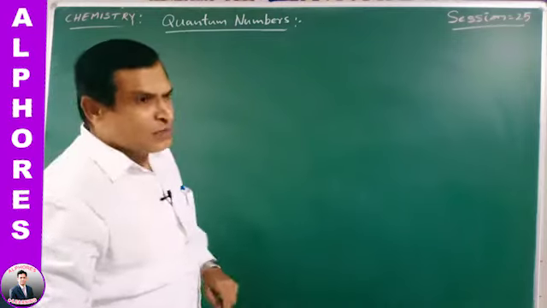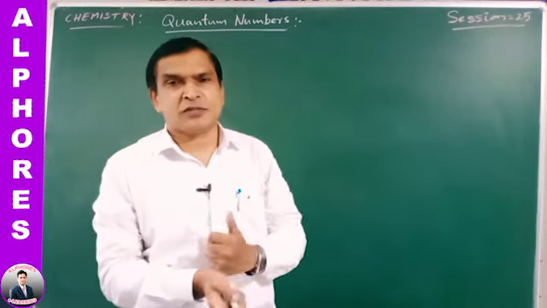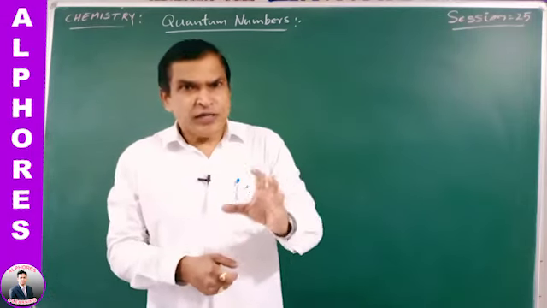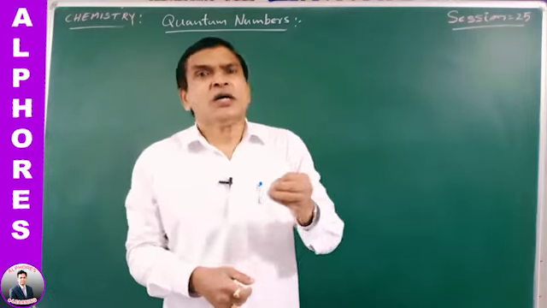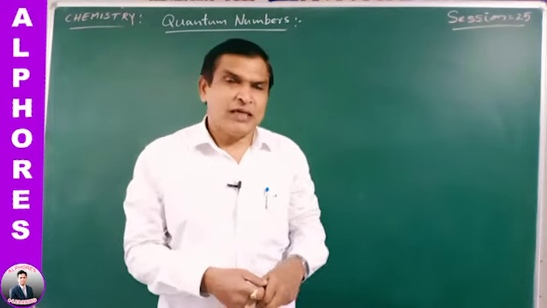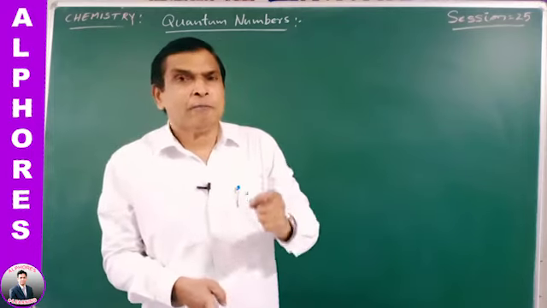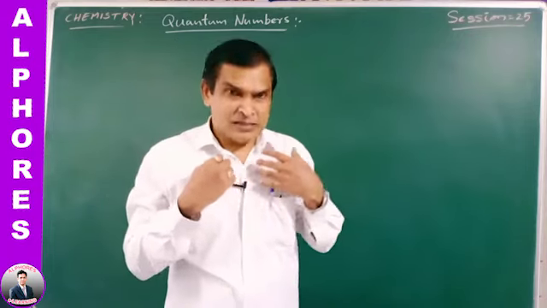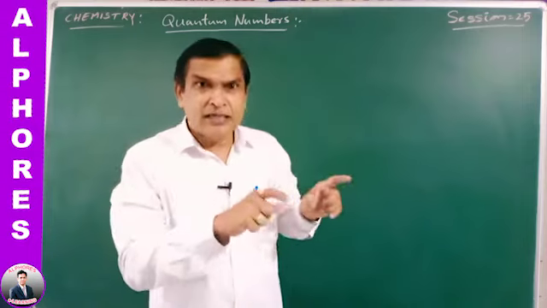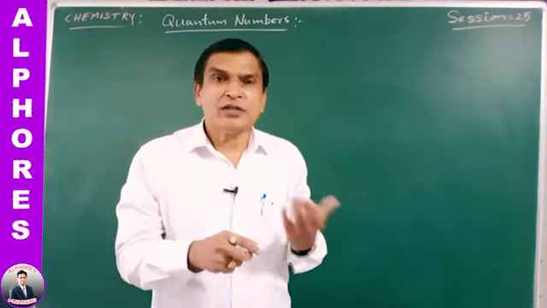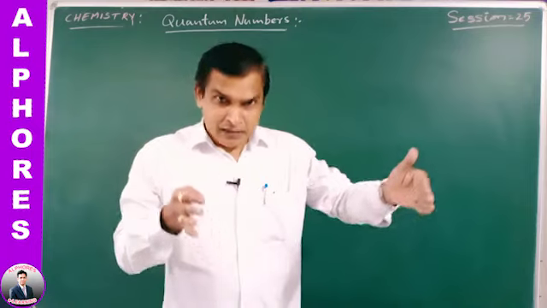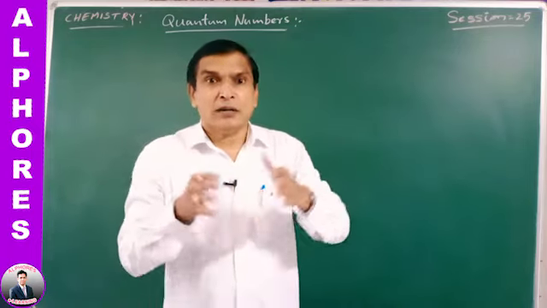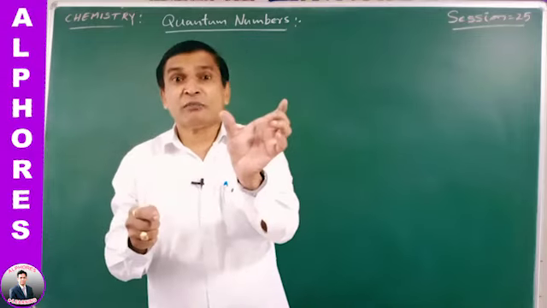What are quantum numbers and what is their significance? In the universe, we can give identity, that is an address, to any particular object. For example, the address of a person: name, son of, house number, area, nearby location, town, mandal and taluka, district, and the pin code.